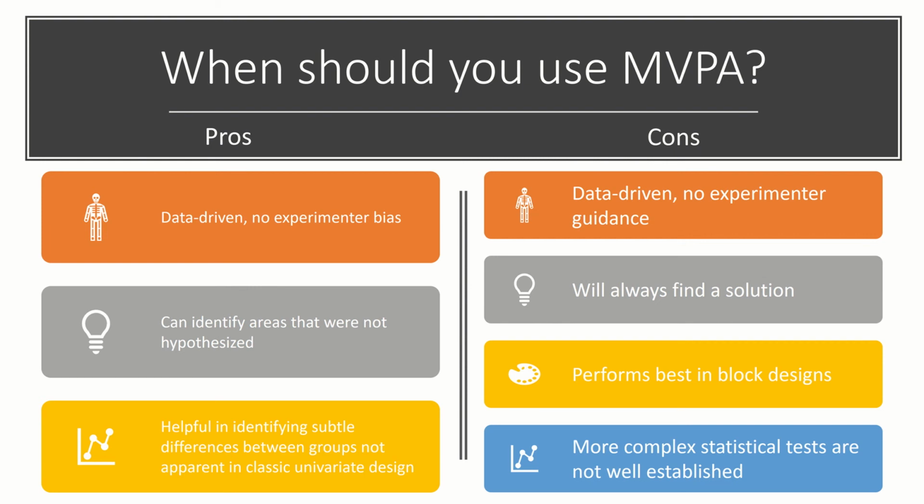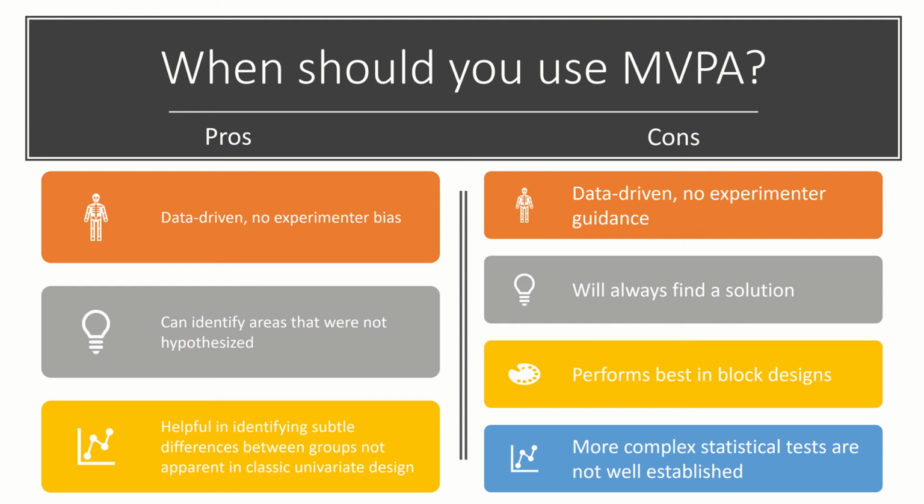Some of these more fine-grained differences between multiple categories are better picked up by MVPA than univariate analyses. It's like a 5-level factor that's a lot harder to test for in a traditional ANOVA framework, but MVPA can help you get around that.